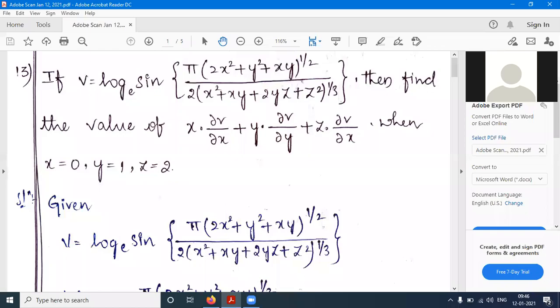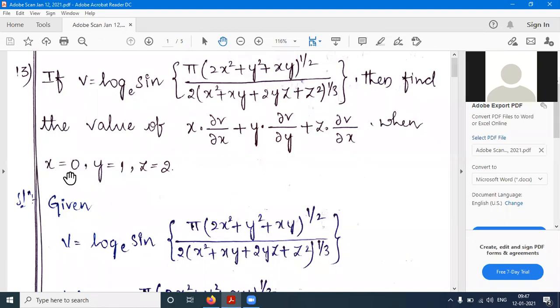If v is equal to log of sine of pi into (2x square plus y square plus xy) whole to the power of 1 by 2, divided by 2 into (x square plus xy plus 2yz plus z square) whole to the power of 1 by 3, then find the value of x into dou v by dou x plus y into dou v by dou y plus z into dou v by dou z when x is equal to 0, y is equal to 1, z is equal to 2.